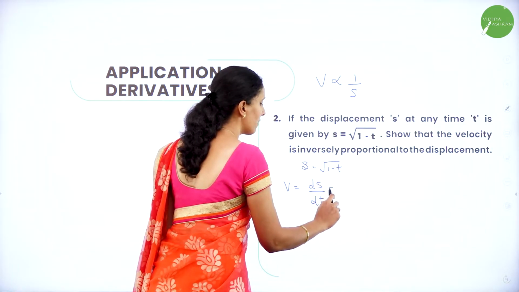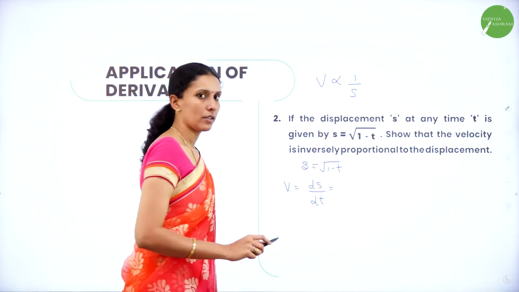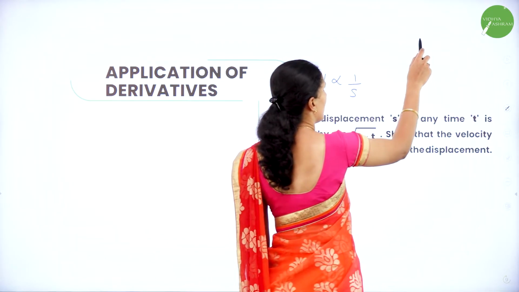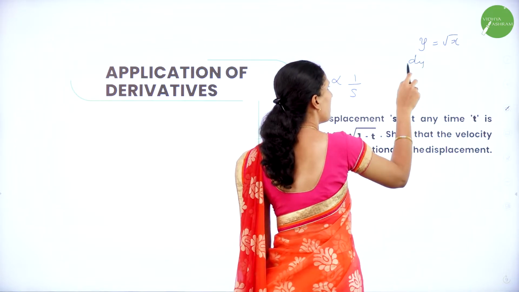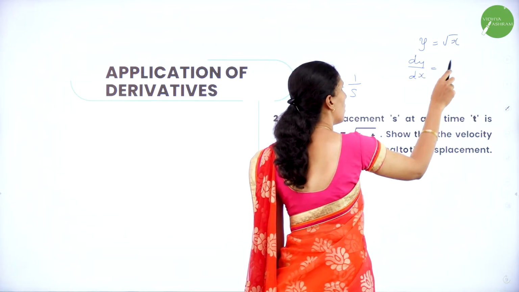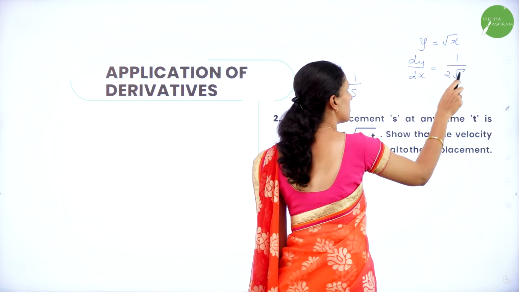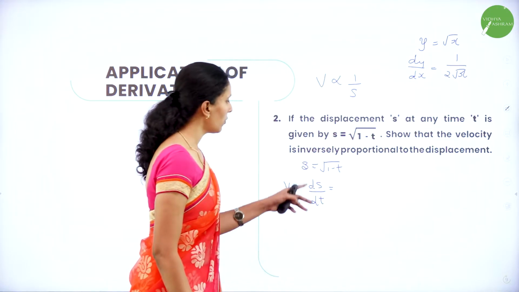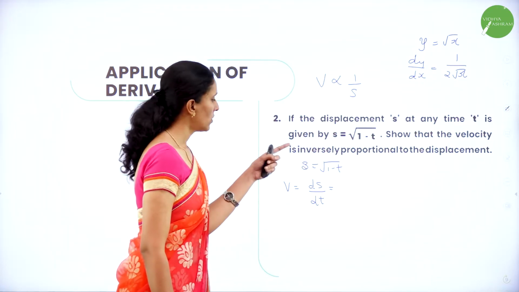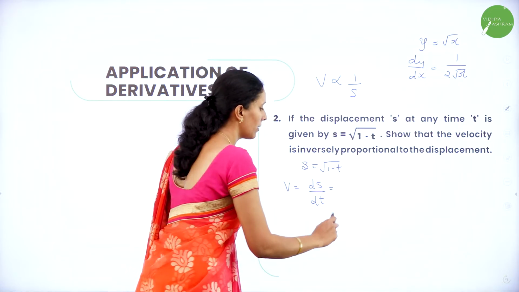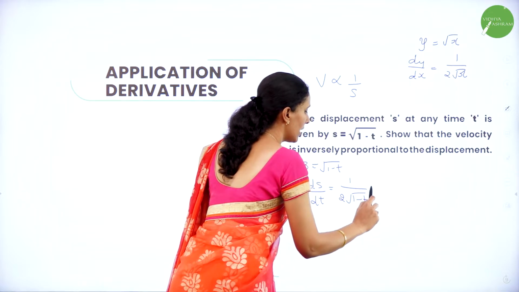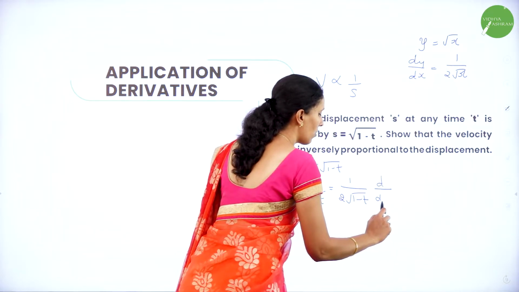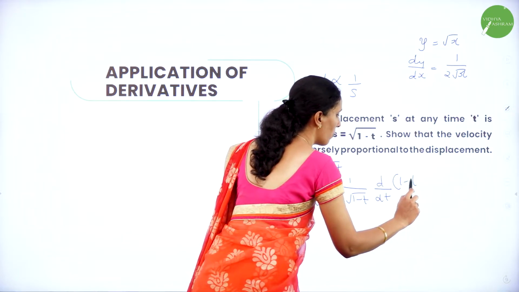So let us differentiate this root of 1 minus t. Suppose you have root x as a function, then you would have written dy by dx as 1 by 2 root x. Similarly, you have root of 1 minus t. So the derivative of s with respect to t becomes 1 by 2 root 1 minus t. Again, you have to differentiate because 1 minus t is also one more function.